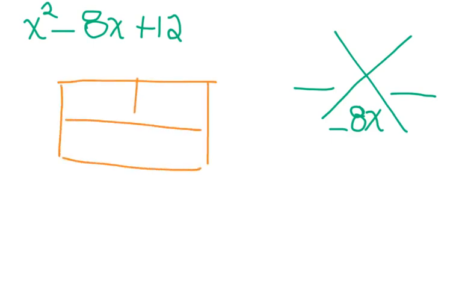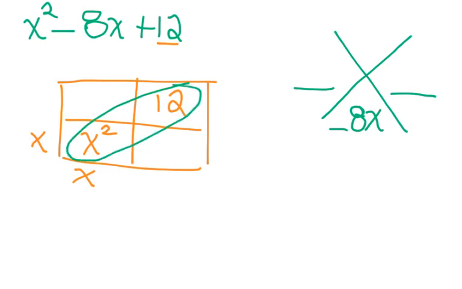And again, following the same pattern, I've got x squared in my lower left-hand corner, and I can actually do x and x on either side. My last term goes in my upper right-hand corner.